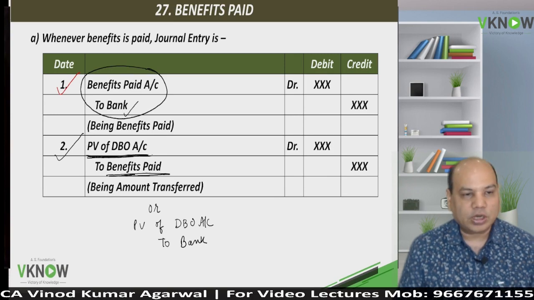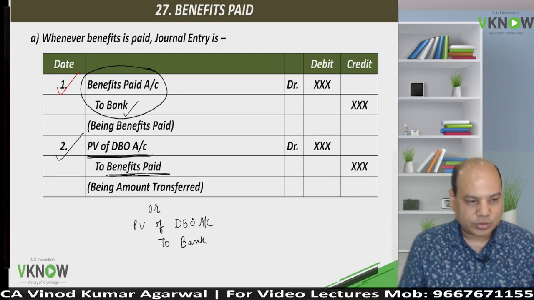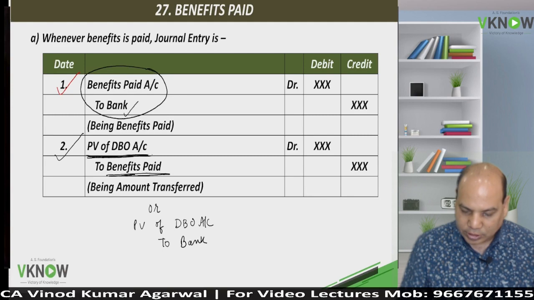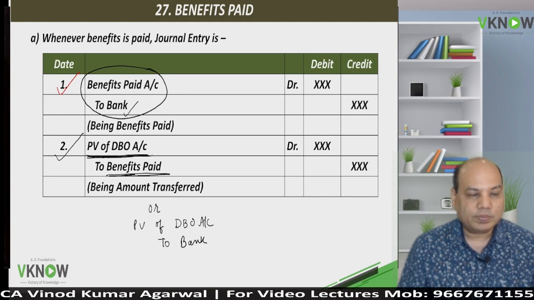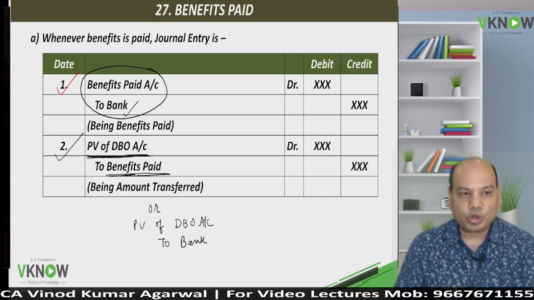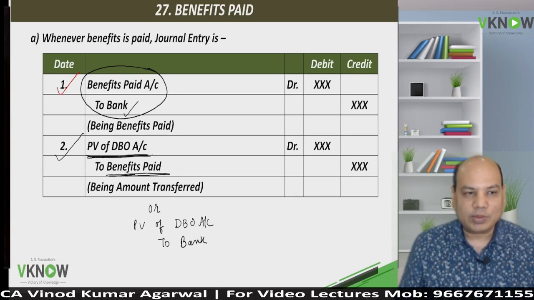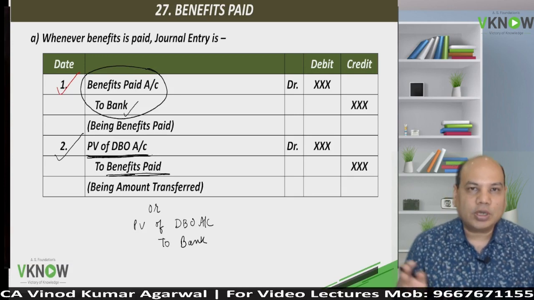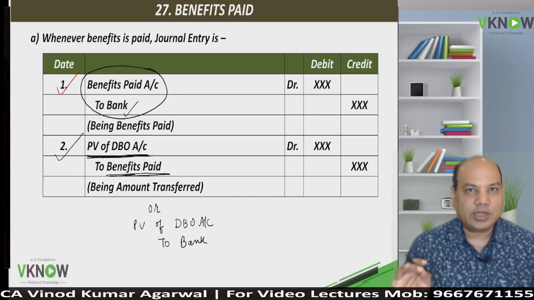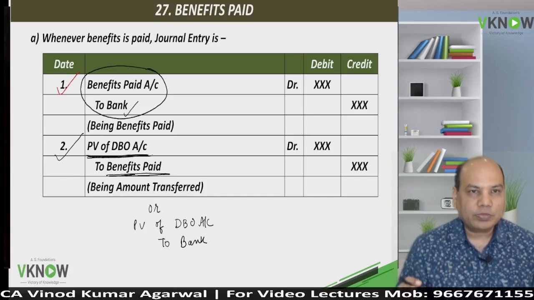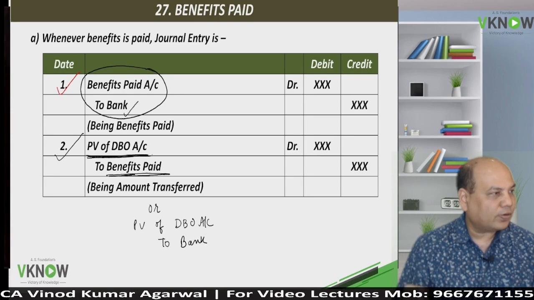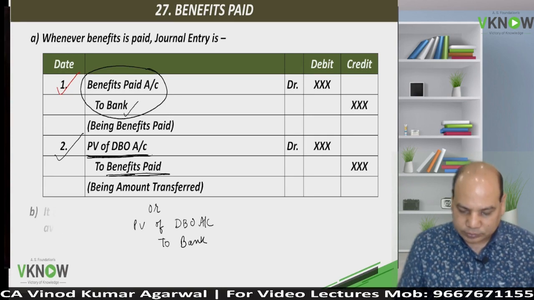Is it right? So these entries are passed whenever the employee is paid, either at the time of retirement or after the retirement, or in case of a long-term benefit plan, whenever the benefit is paid.